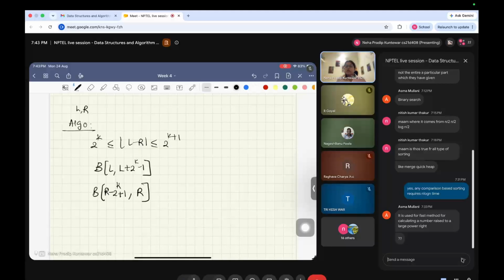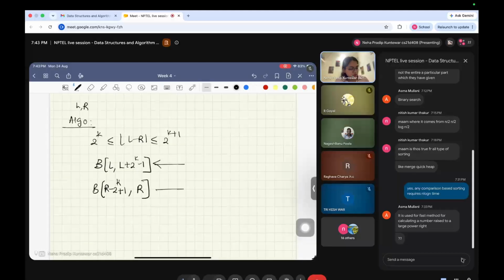Okay, so look at these two values, these are already there. So this is order 1 time, this is order 1 time, because these are stored in the table.